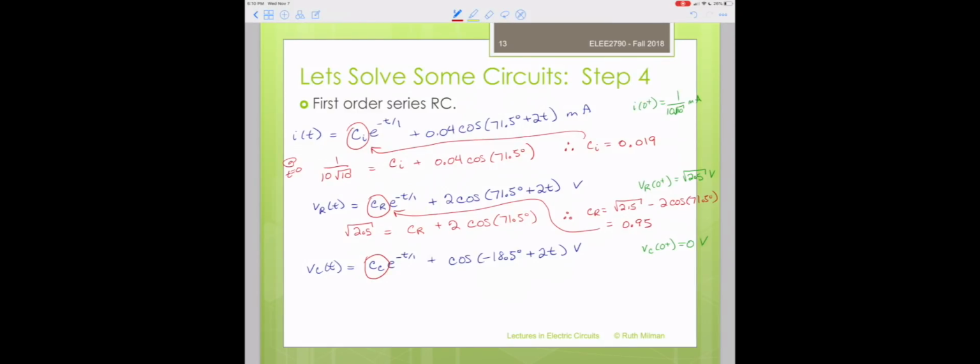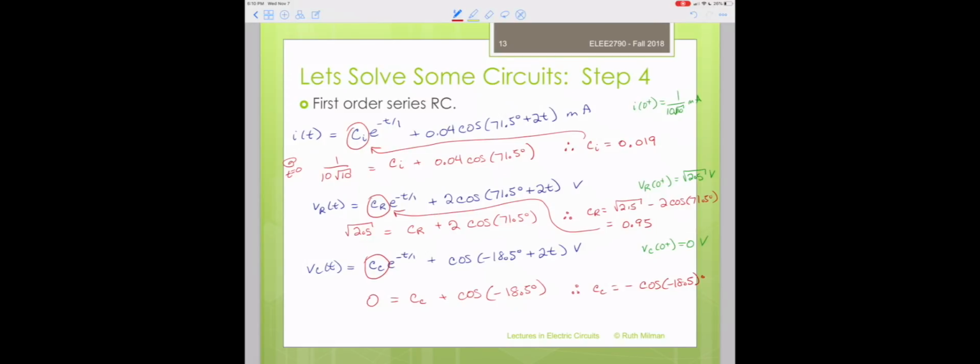Lastly, we look at the capacitor. 0 is equal to this constant times 1 plus the cosine, and now we have a different angle of 18.5 degrees. Different because the phase shift on that capacitor is different from the other values. If we take a look at this, therefore, that constant is equal to negative times the cosine of negative 18.5.